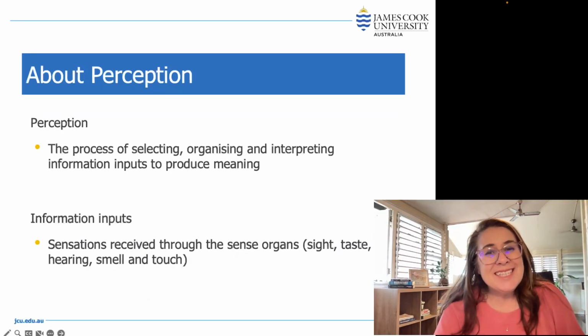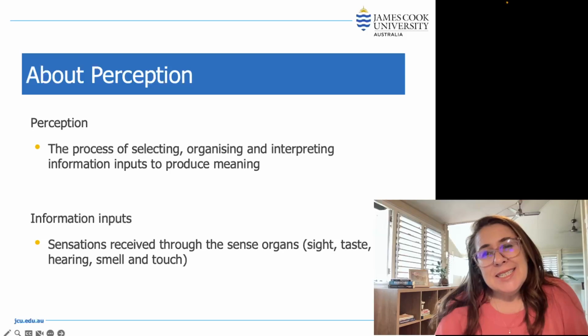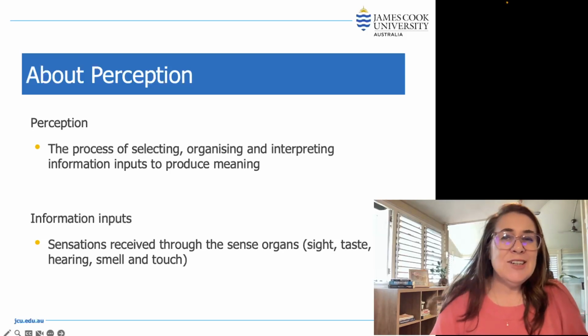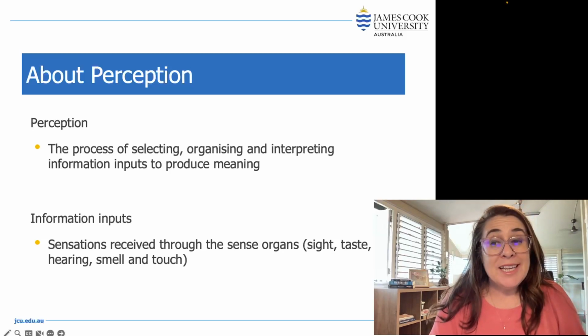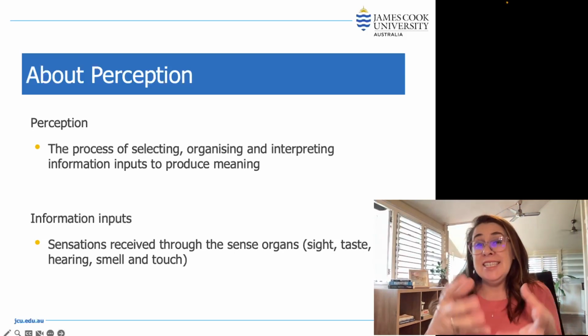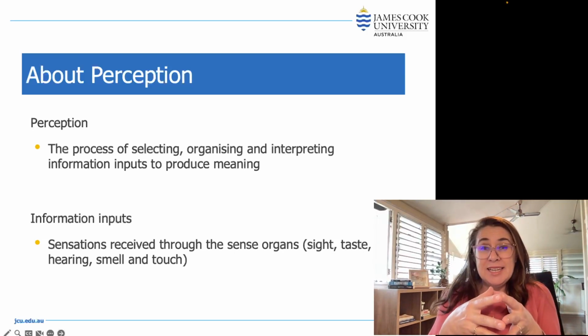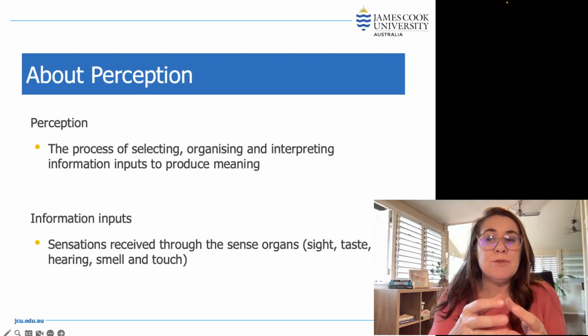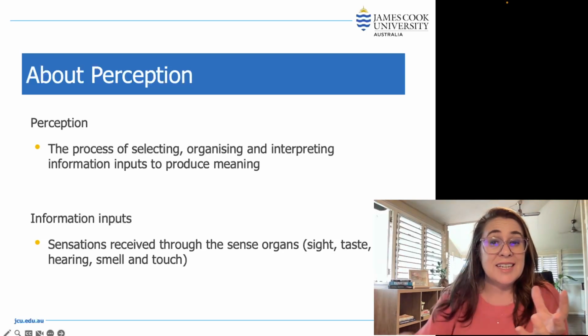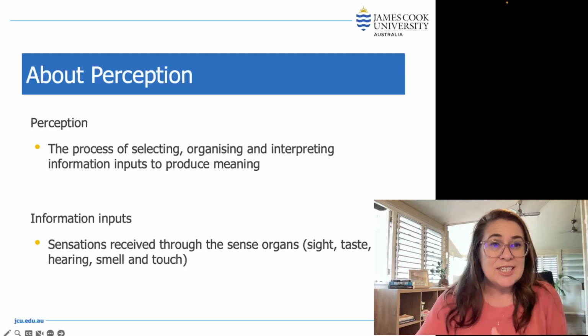So firstly, perception. Perception is the process of selecting, organising, and interpreting information inputs to produce a meaning. These information inputs are sensations received through the organs, such as our sight, taste, sound, and touch.